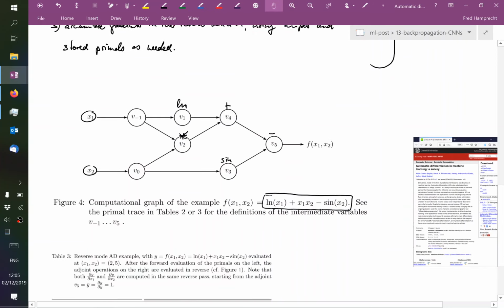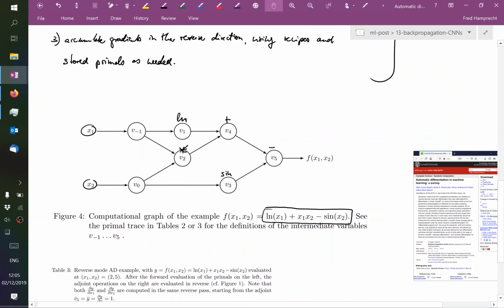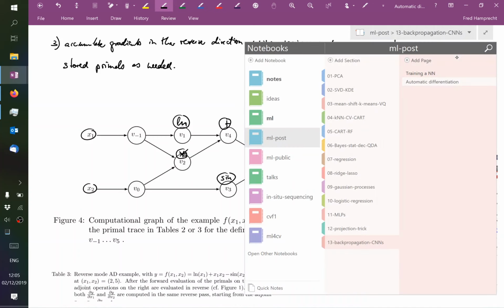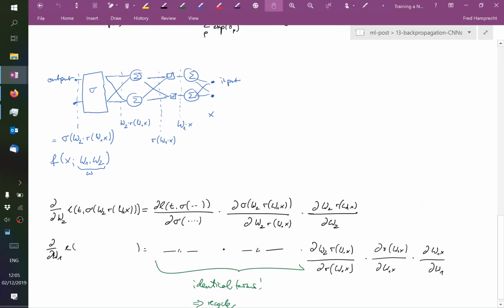And now we can, as always, apply the chain rule. If I write out the chain rule, I get lots of factors as we had here.